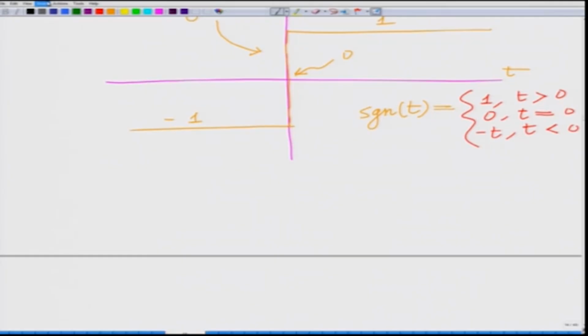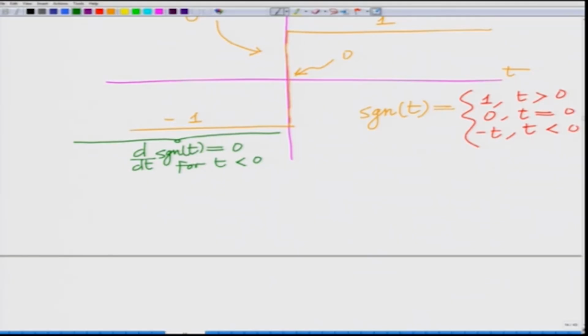Here in this region, that is for t less than 0, sgn of t is constant. So, in this region d by dt of sgn of t equals 0 for t less than 0, right. You can see it is flat. For t less than 0, sgn of t is minus 1. So, the derivative is 0, because it is a constant.